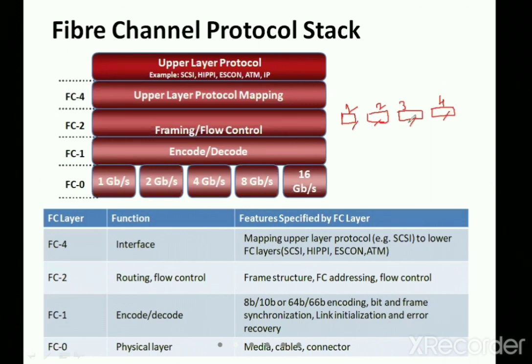The next one, FC1: what functionality does it perform? It performs encoding and decoding. If you remember, even in your OSI model there is encoding and decoding. In Fibre Channel, the encoding and decoding works like this: the data you are transferring is in 8 bits, and it is converted into 10 bits.